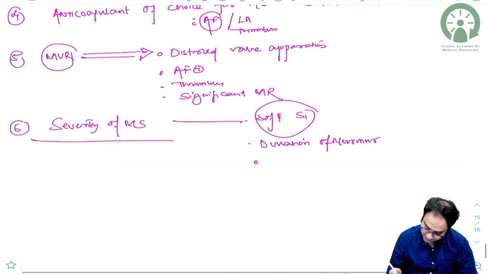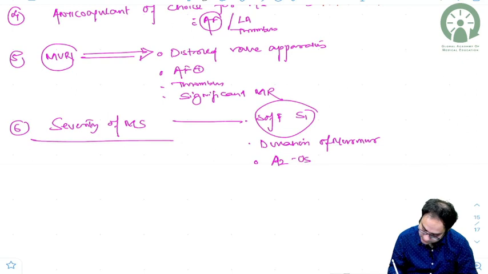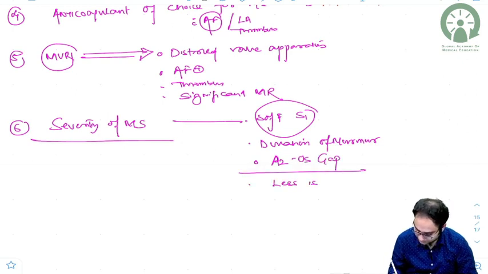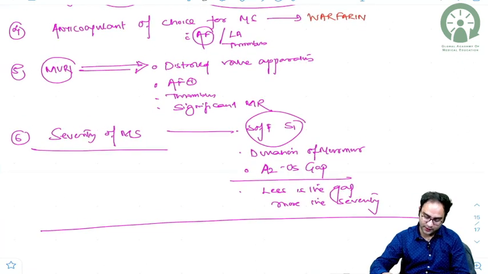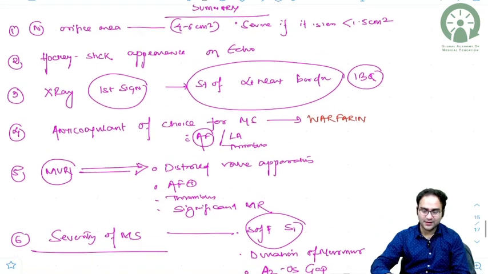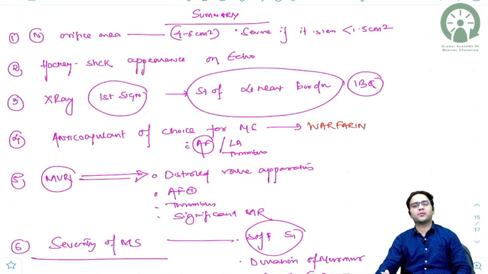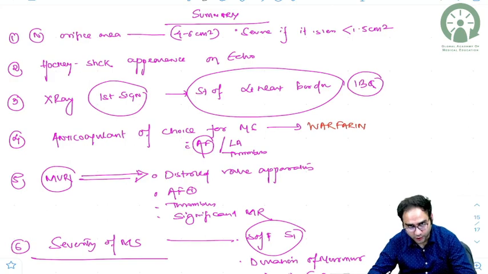And the A2 and OS gap. Less is the gap, more is the severity. Okay, less is the gap, more is the severity. So, I have summarized the important points that you need to remember out of this mitral stenosis module. Okay, thank you.